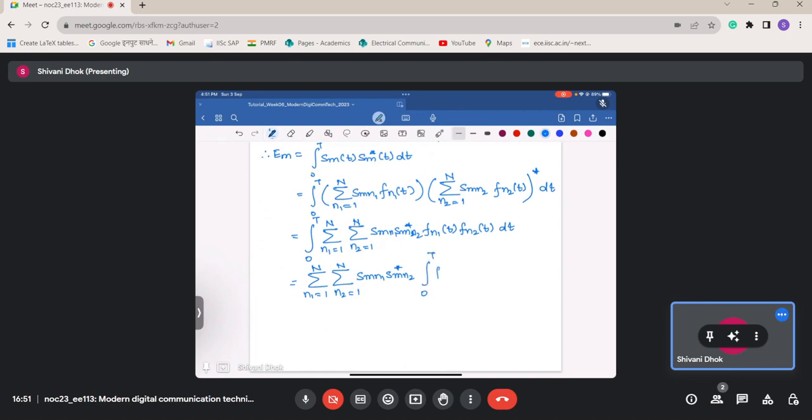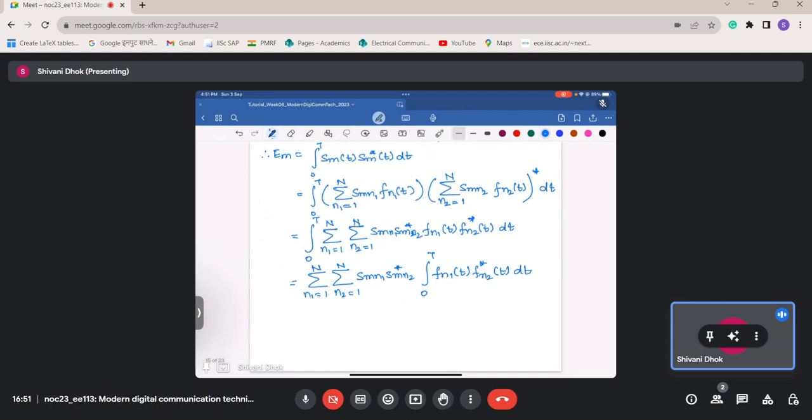Zero to T fn1(t) into fn2(t) conjugate dt.